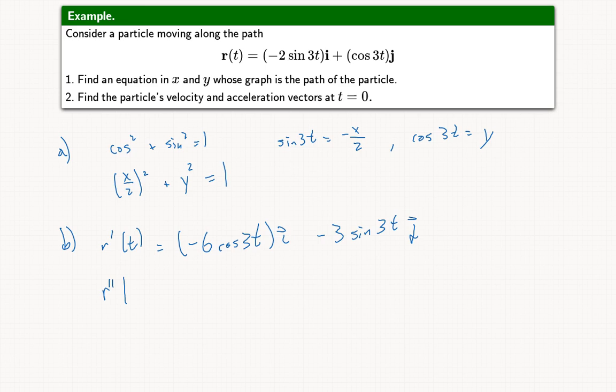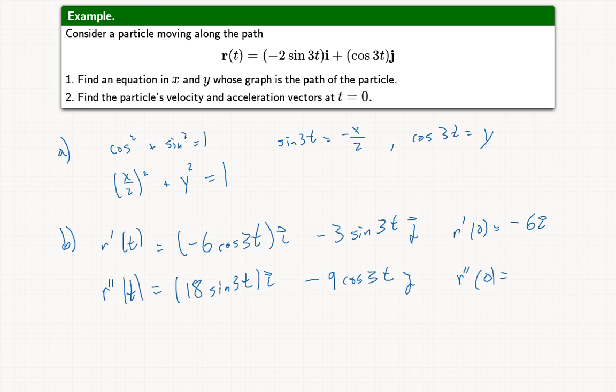And our r double prime of t will be 18 sine 3t times i minus 9 cosine 3t times j. Now we evaluate these at t equals 0. So sine of 0 is 0. This will be -6i. And our r double prime at 0 will give -9j.